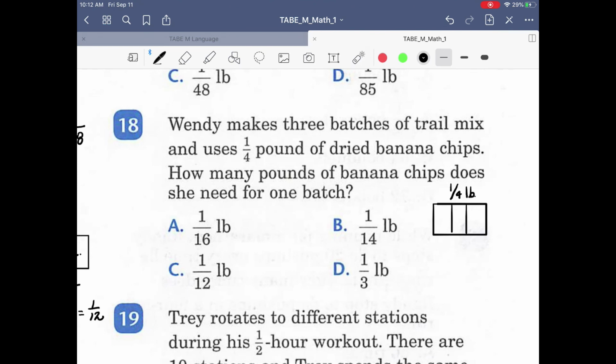But we only want to look at 1 batch. So we are taking 1/4 and we're dividing it by 3. So 1/4 times 1/3 is 1/12. And that is going to be option C.